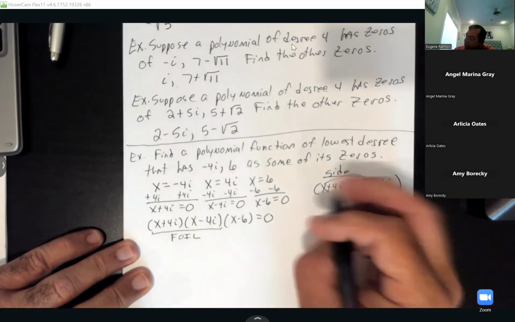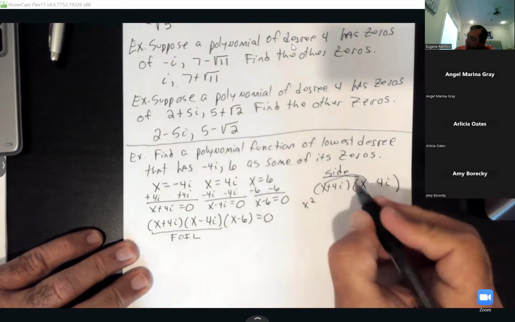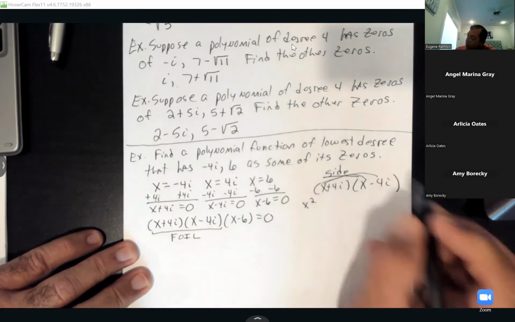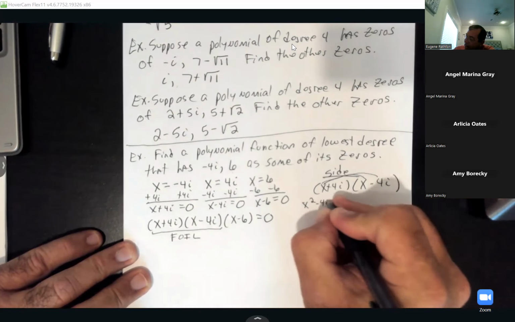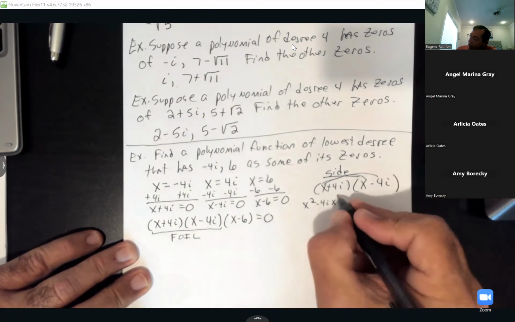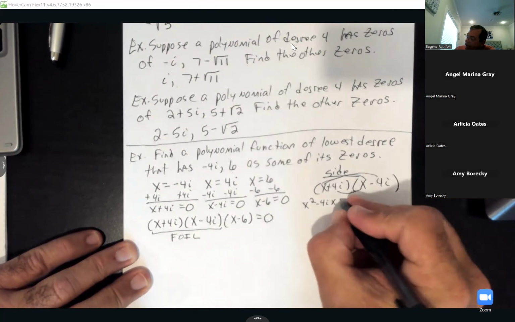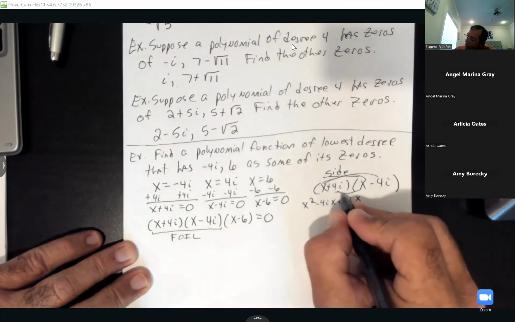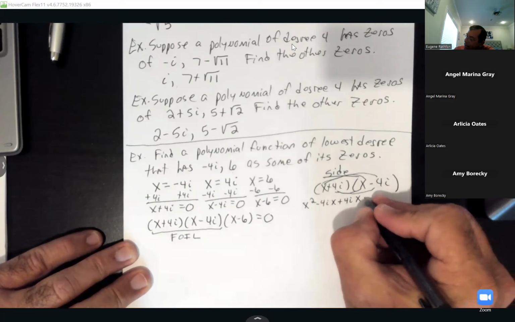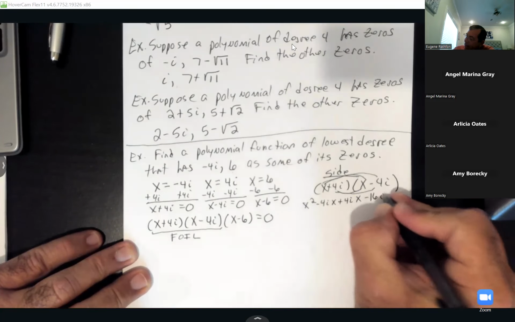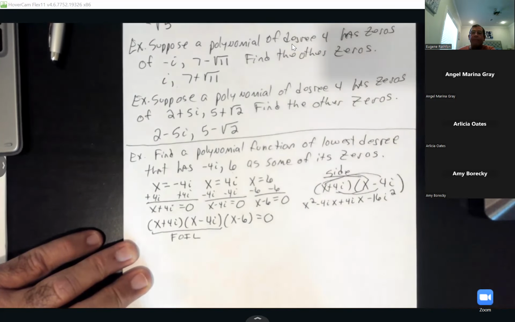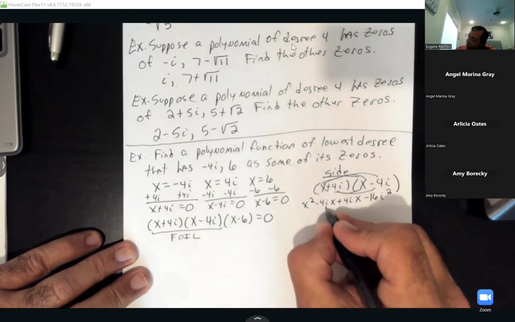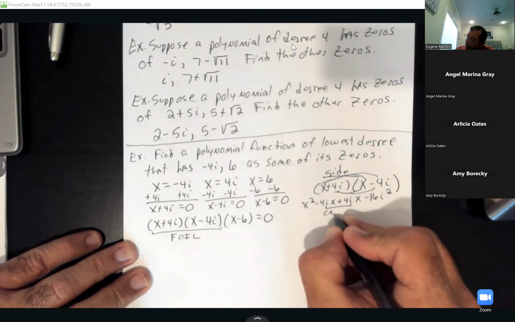So the x times x is an x squared. X times negative 4i is a negative 4ix. Positive 4i times x is a positive 4ix. And then y'all, 4i times negative 4i is a negative 16i squared. So y'all notice once again, those cancel in the middle.